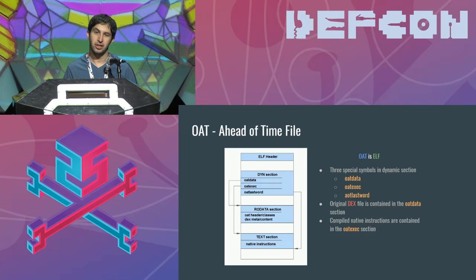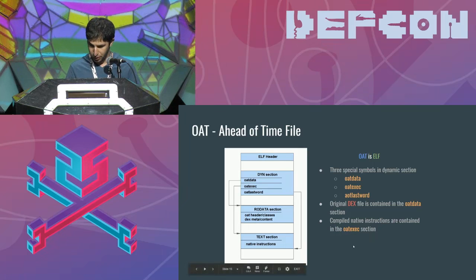Both of these sections are used by Android, the ART VM, when executing an app. One is for creation of different headers, and one for interpreting the app. But it's important to note that you don't have to have the native file, the OAT exec, in order to execute an app. You can fall back to the interpreted Smali version and interpret the code.